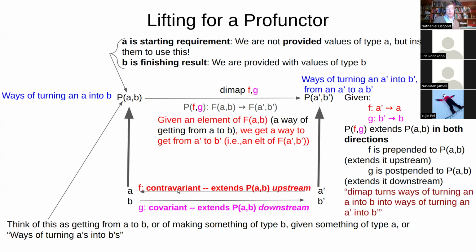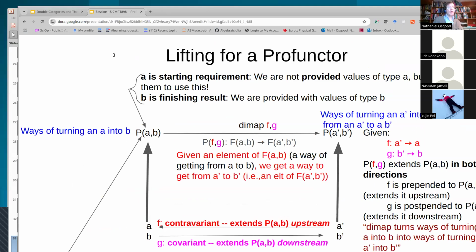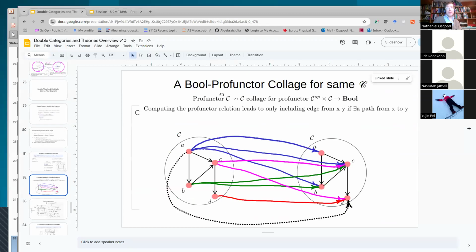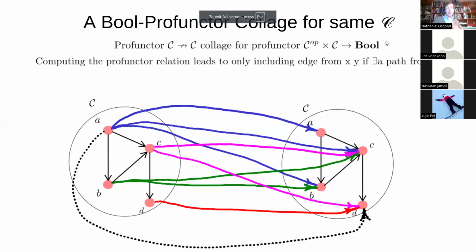If you have both of these maps, one contravariant, one covariant, you could turn a set of ways going from A to B into a set of ways going from A prime to B prime.